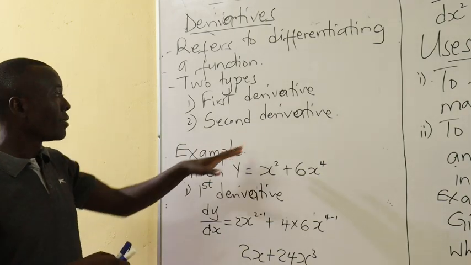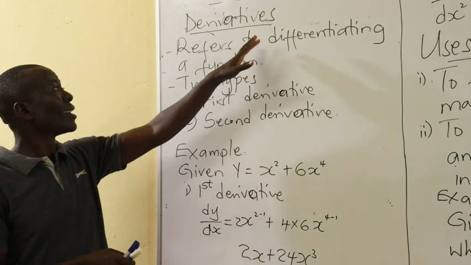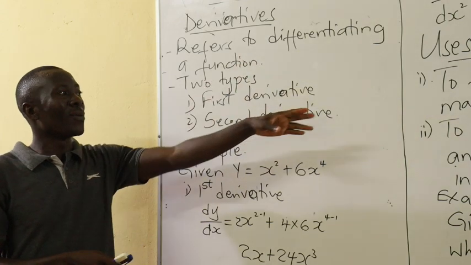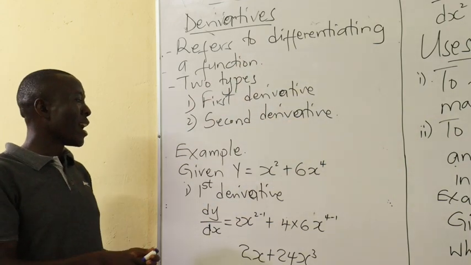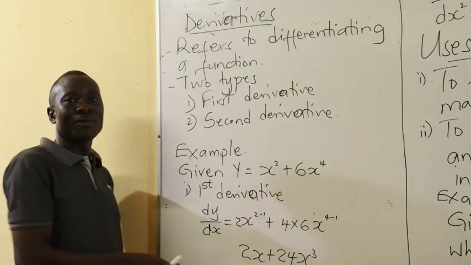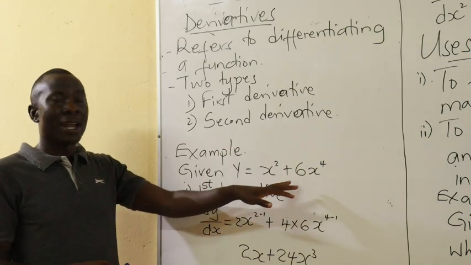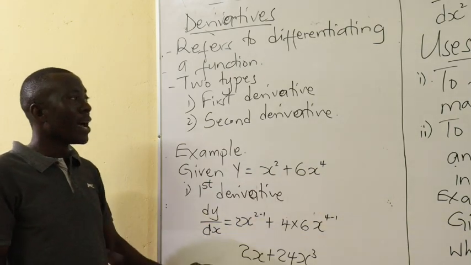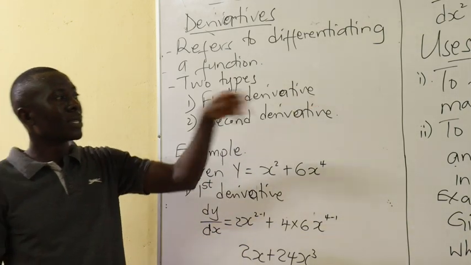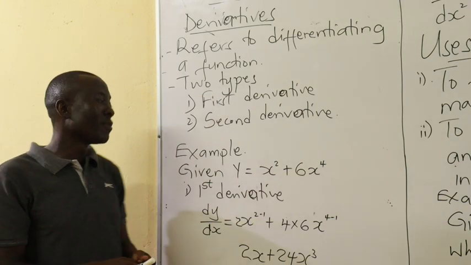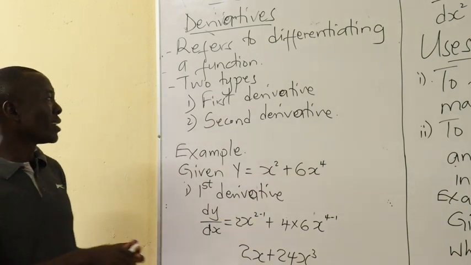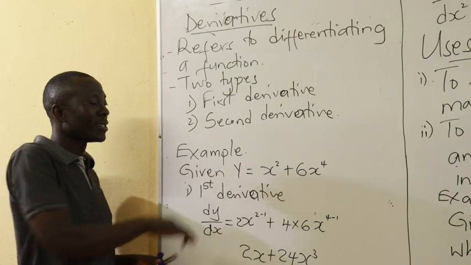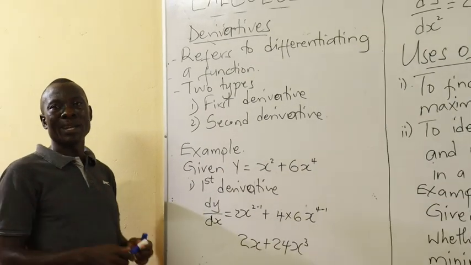When we find the derivatives, we differentiate equations just the same way we had done earlier on, and we'll use this example to know what the first derivative and second derivative are, and then we'll also move on to the uses of these derivatives. So when we say the first derivative, we refer to differentiating an equation only once.